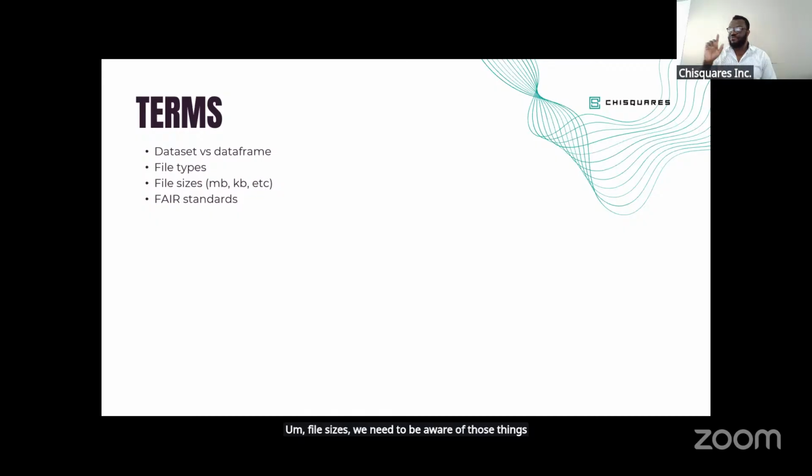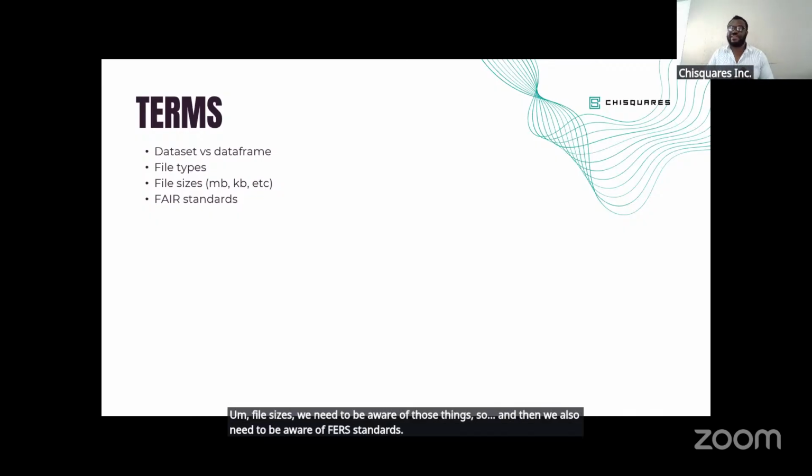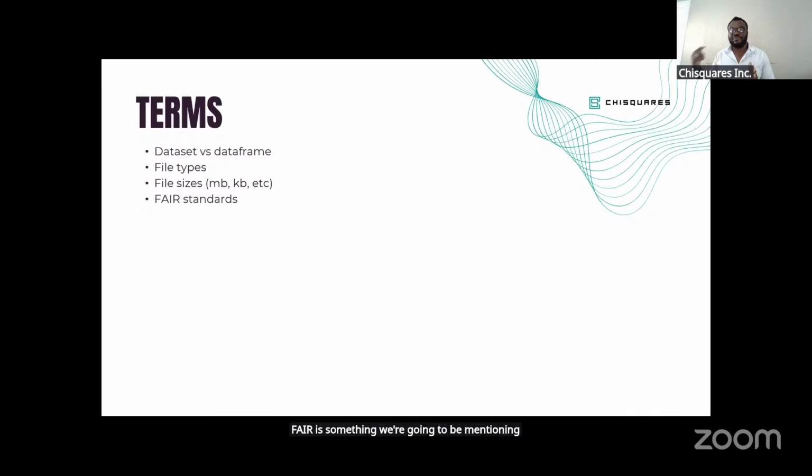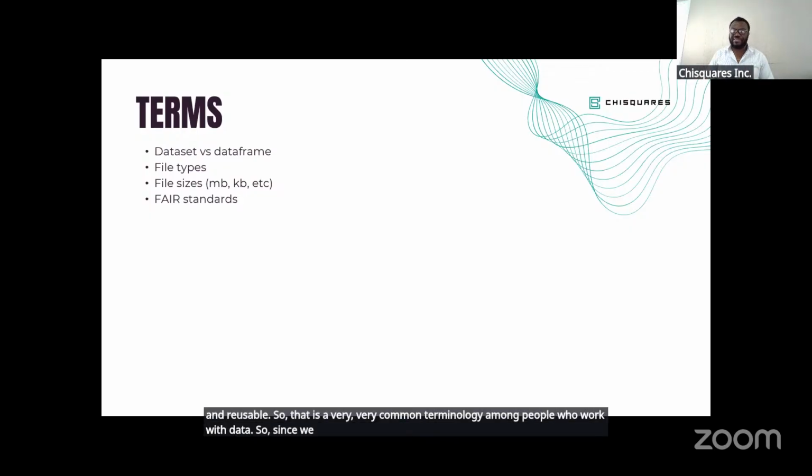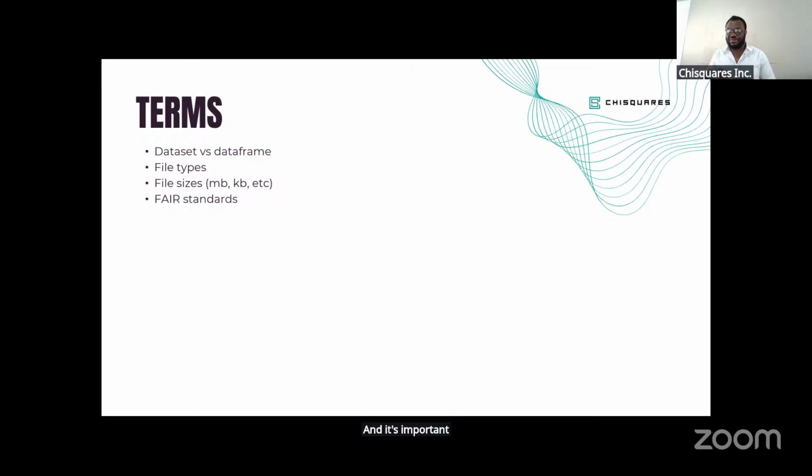And then we also need to be aware of FAIR standards. FAIR is something we're going to be mentioning over and over and over. FAIR standards means data must be findable, accessible, interoperable, and reusable. So that is a very, very common terminology among people who work with data. Since we're introducing you into the field, you need to know FAIR standards. And it's important for you to know that because that guides every single thing you do.